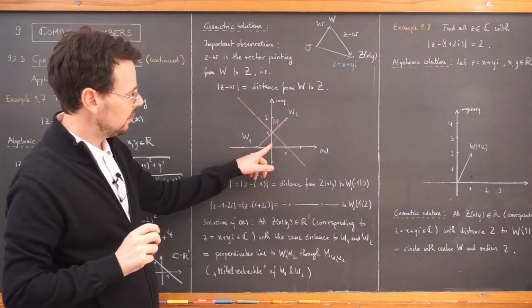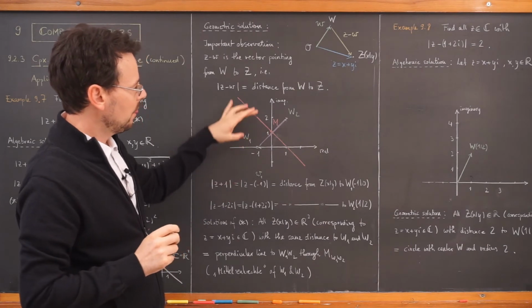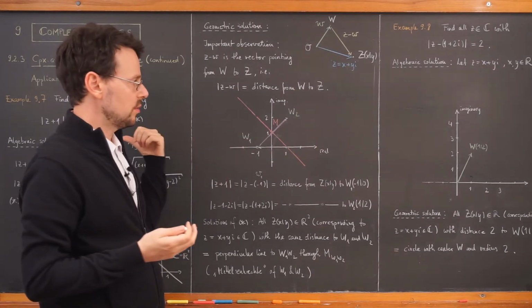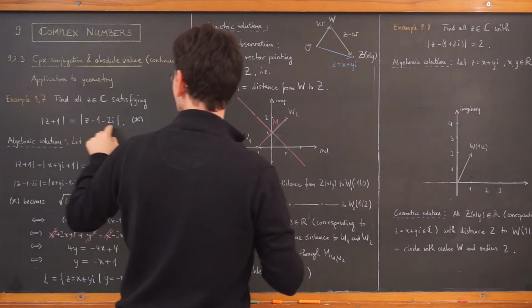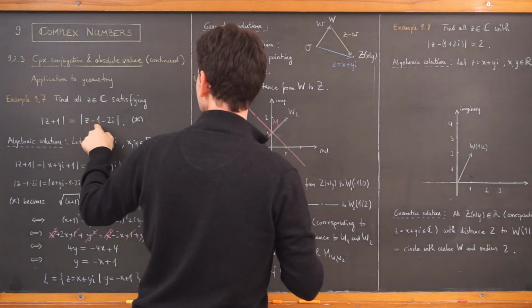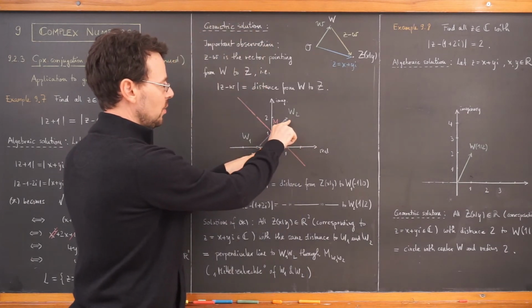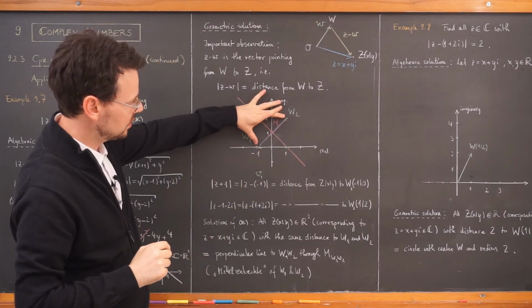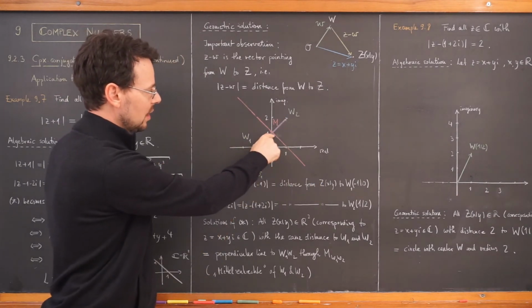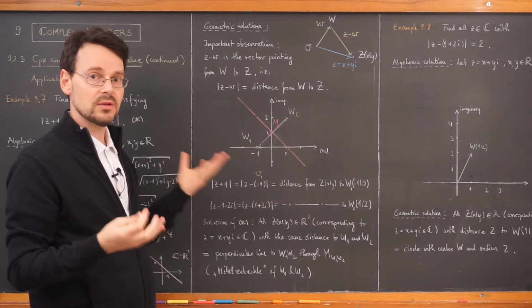Okay, I erased this vector here because we don't really need it. This is a much better solution to this problem, because here we see the geometric meaning of these two numbers, 1 and 1 plus 2i. They correspond to these points, and the line perpendicular to this connecting line here through the middle contains or consists of all the solutions.